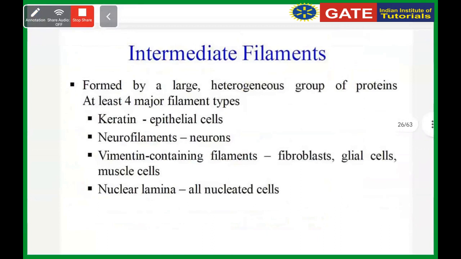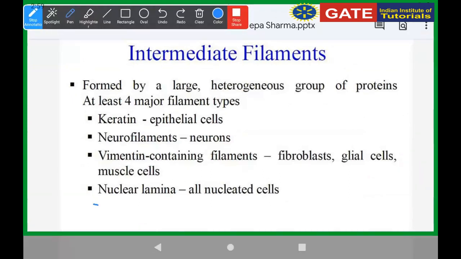So intermediate filaments, for example keratin, and neurofilaments in the neurons. We also find filaments in fibroblast cells, glial cells, muscle cells, and the nuclear lamina in all nucleated cells. I explained the nuclear lamina in the beginning, right?